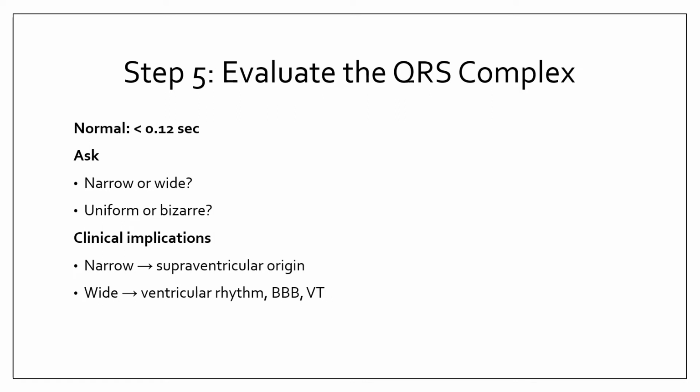So a narrow QRS means the impulse is traveling through the normal ventricular conduction system. So narrow is going to equal fast, organized ventricular conduction. So we want to ask ourselves, is the QRS narrow or is it wide? A narrow QRS is going to be less than 0.12 seconds, and anything that is wide is going to be greater than that.